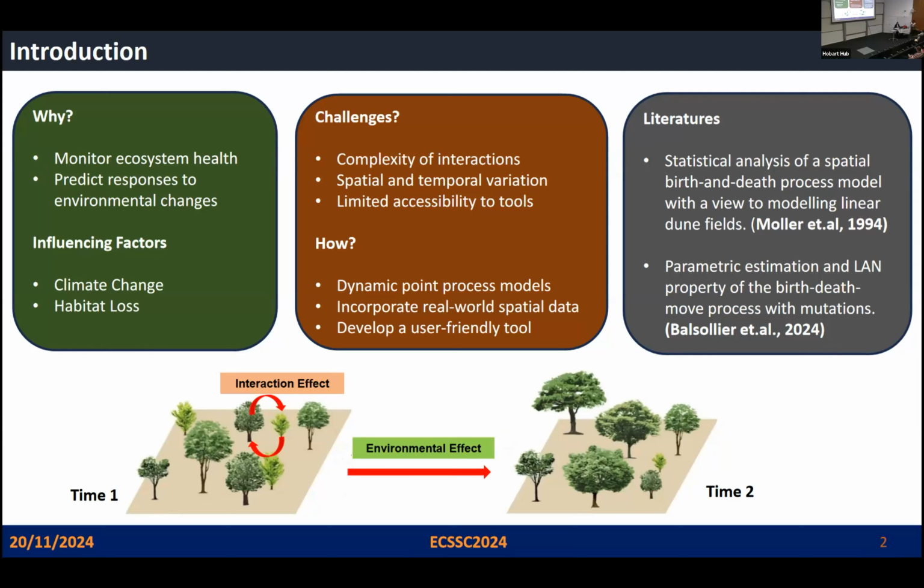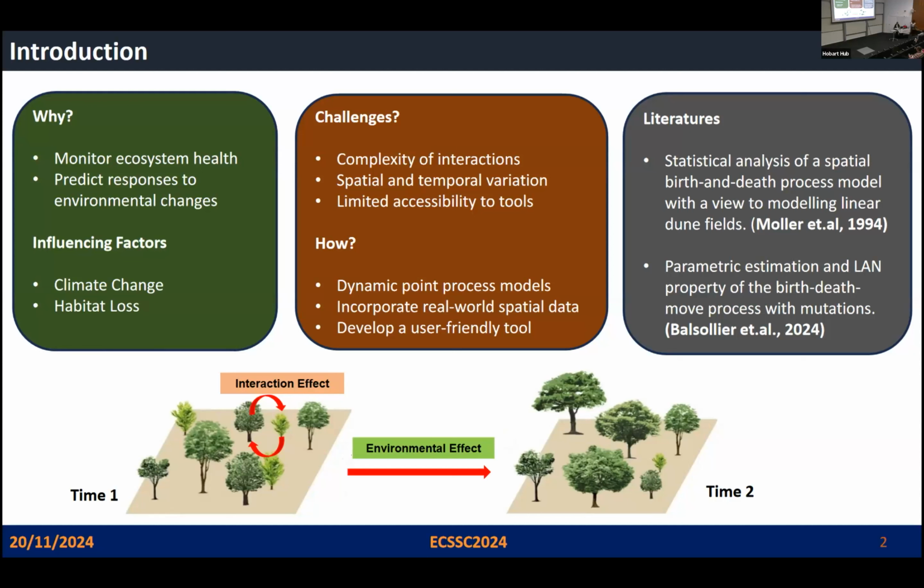Climate change and habitat loss are considered the main influential factors for these variations. Identifying complex species interactions and spatial and temporal variations are the two major challenges in my study. And also there are limited accessible tools for this type of analysis.